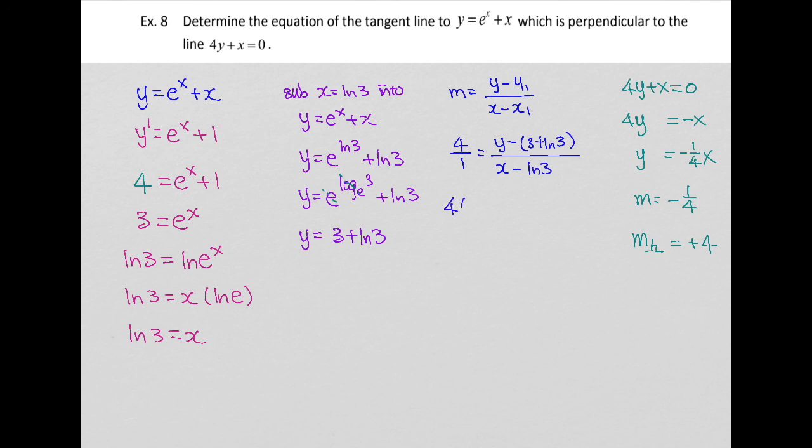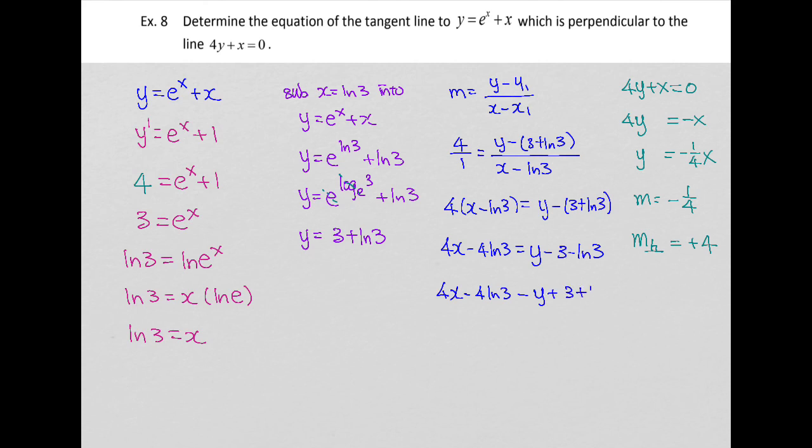Cross multiply, expand, and let's move everything to one side of the equation. Simplify it and rearrange. So 4x minus y minus 3 ln 3 plus 3 equals 0. And this is our equation of the tangent.